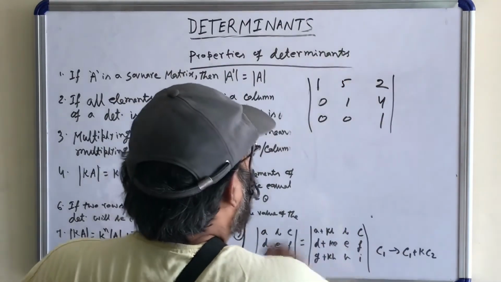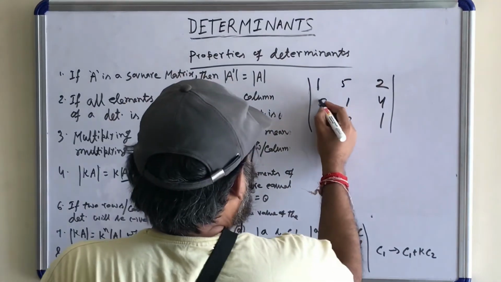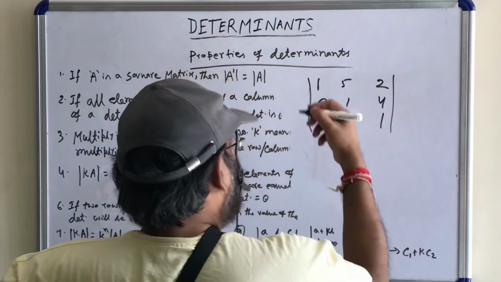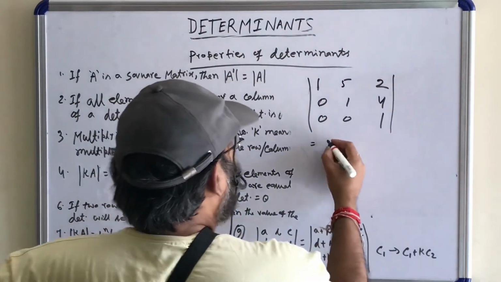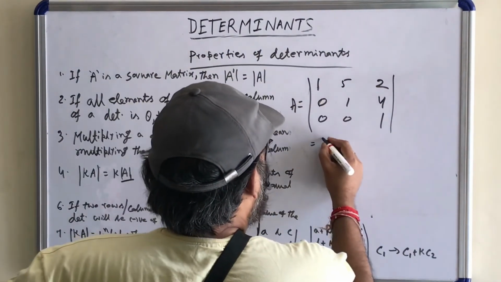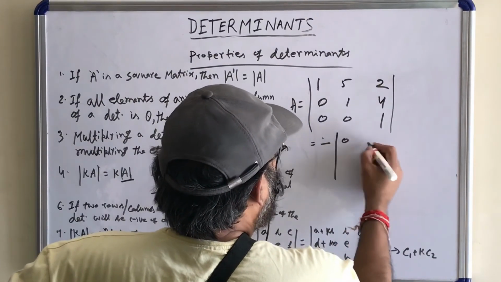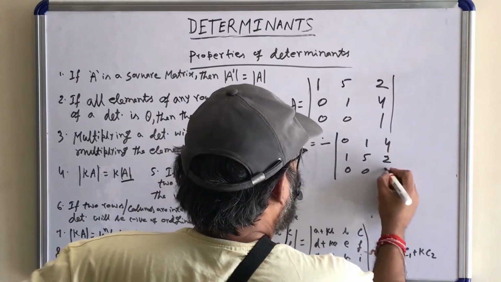Now, if we interchange two rows or two columns, whatever it may be, I am interchanging two rows, it equals minus of 0, 1, 4, 1, 5, 2, 0, 0, 1.